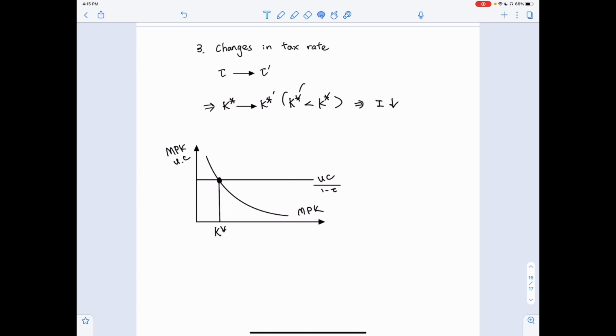When the denominator becomes smaller, it means that the user cost after tax becomes higher. Because of that, when we again maximize the profit by equating the marginal product of capital to the user cost after tax, we end up with a lower level of the desired capital stock level. Because of that, the investment should fall.